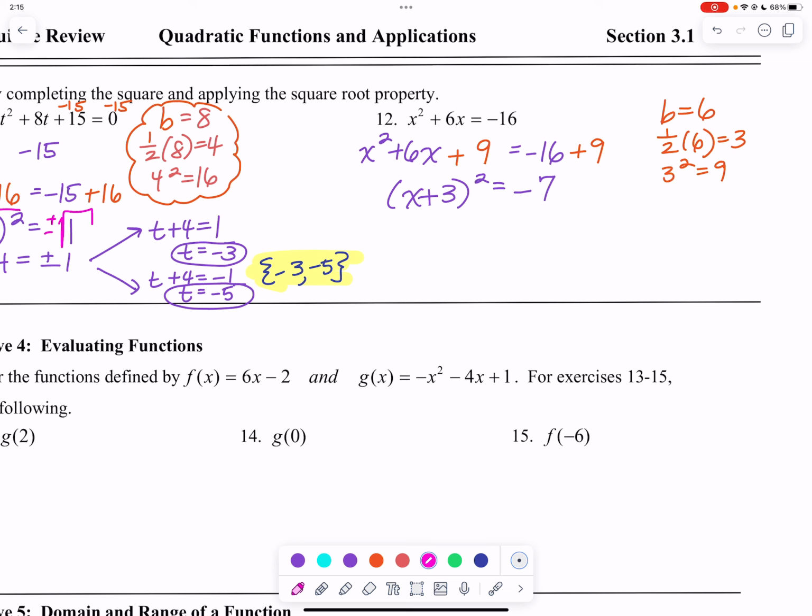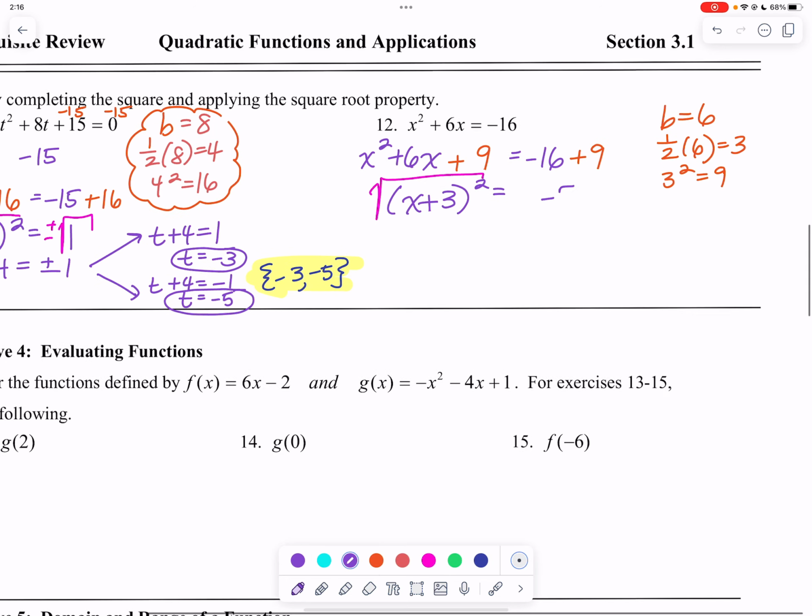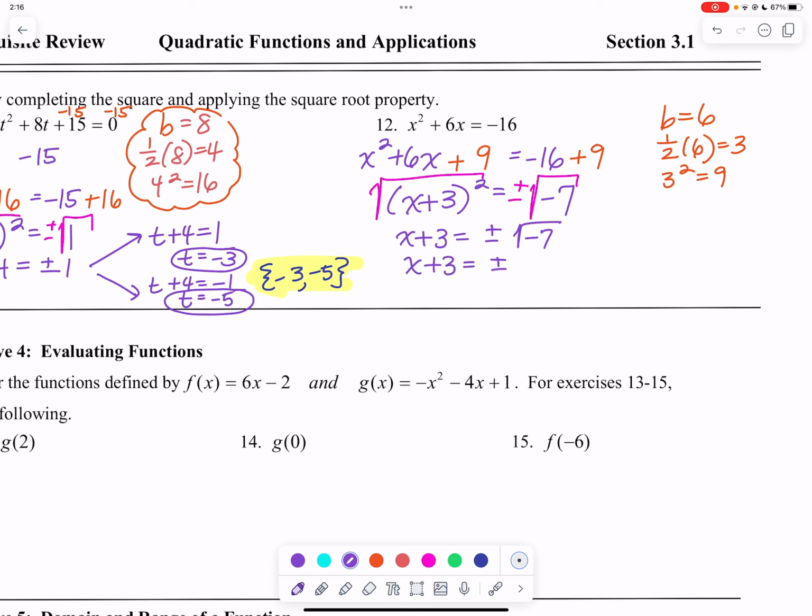So now we're going to take the square root of both sides. That is really messy. And we end up with x plus 3 equals plus or minus the square root of negative 7. So x plus 3 equals plus or minus i square root of 7. So now we have two different equations.